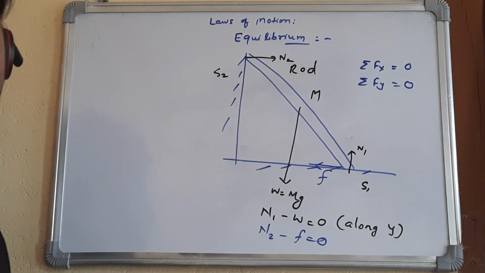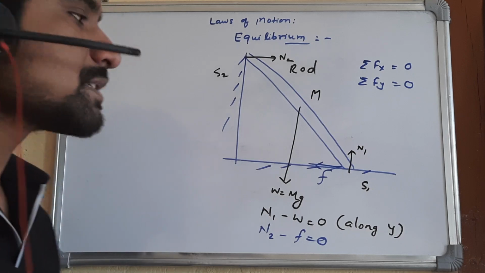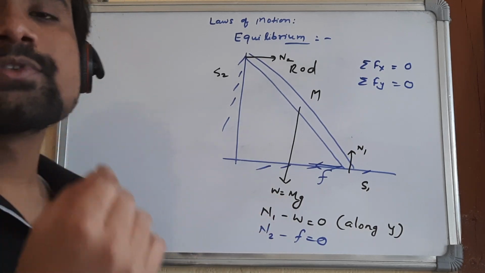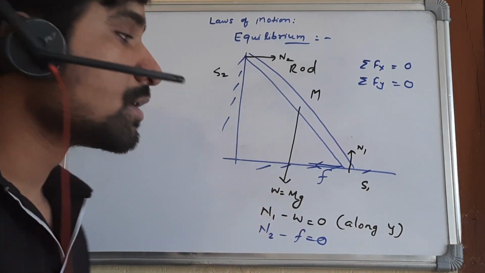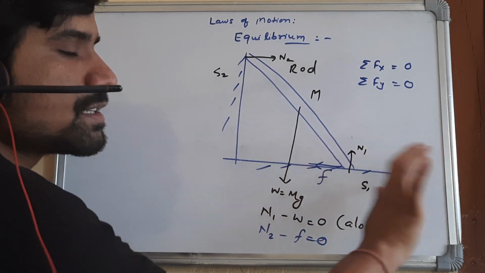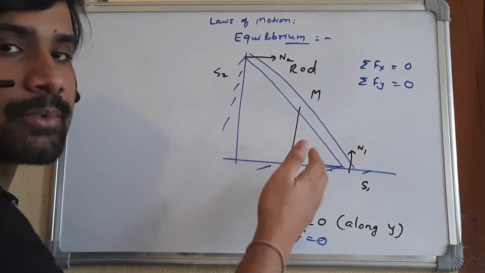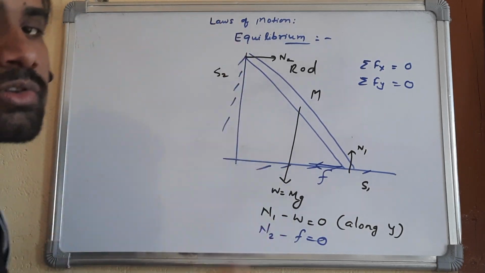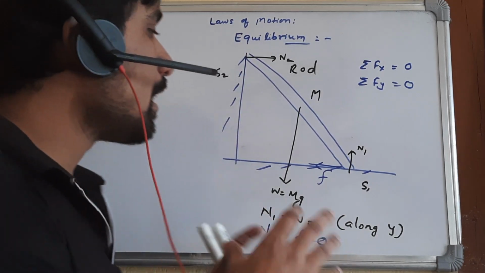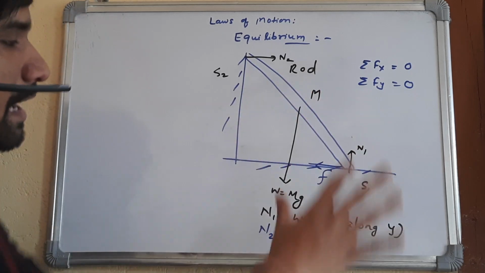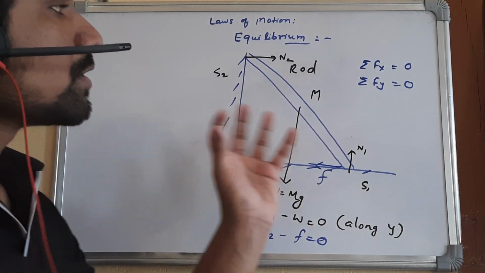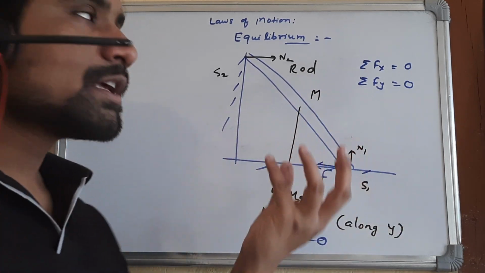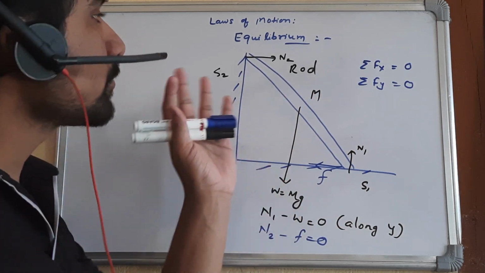Frictional force we will discuss in detail, but you just understand it basically opposes the tendency of motion. So this end has tendency to move forward, so frictional force is acting opposite, right? And this end has tendency to come downward, so friction will act upward. I have just explained this to make you understand how to deal with these coplanar forces in case of equilibrium, right?